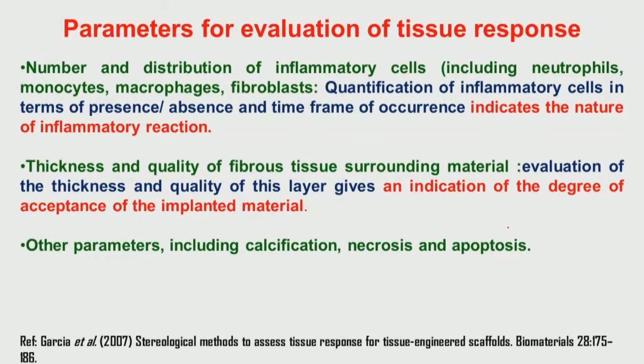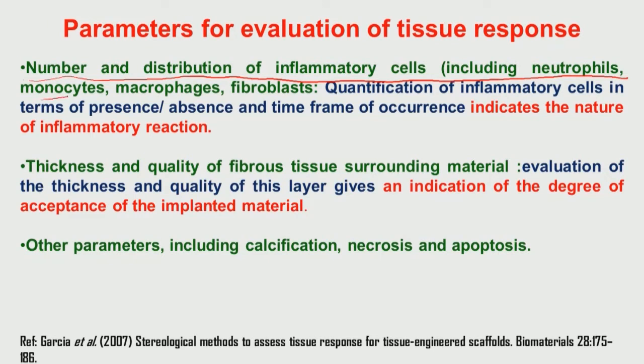The third one is the nature and distribution of inflammatory cells, including neutrophils, monocytes, macrophages and fibroblasts. Now, this requires a lot of quantification based on extensive analysis of a number of histology slides.